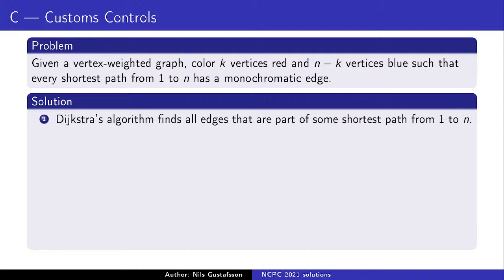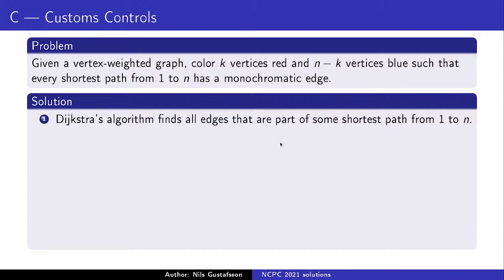And here we can use Dijkstra's algorithm to find all of the edges that are part of some shortest path from 1 to n. There are parts of this which are similar to what we did in problem D with the breadth first search. There we also found all of the edges that could be taken in some shortest path, and we can do it with the same principle here after running Dijkstra's algorithm.